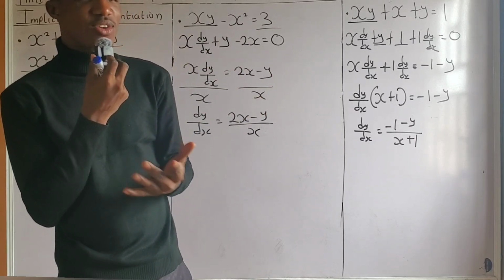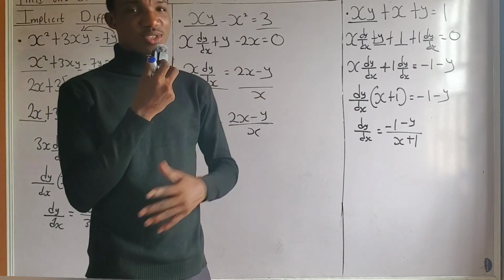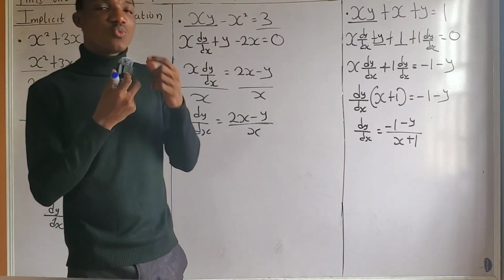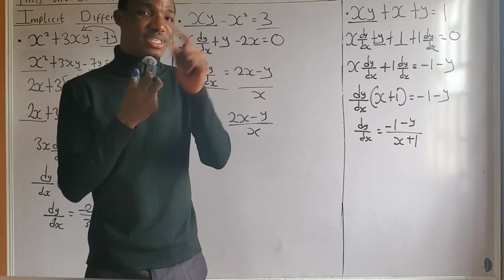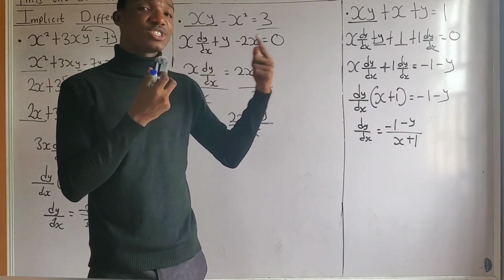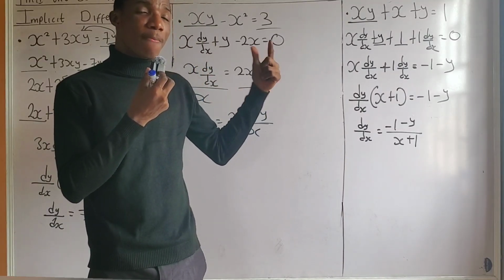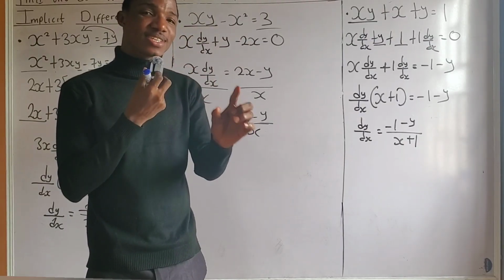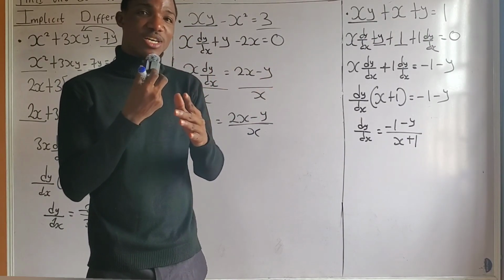Now, let's change it. Let's assume that we are differentiating x with respect to y. That means we're going to be having dx all over dy, right? That means anytime you differentiate a component of x in this function, you are going to multiply that derivative by dx all over dy. It's as simple as that, okay?